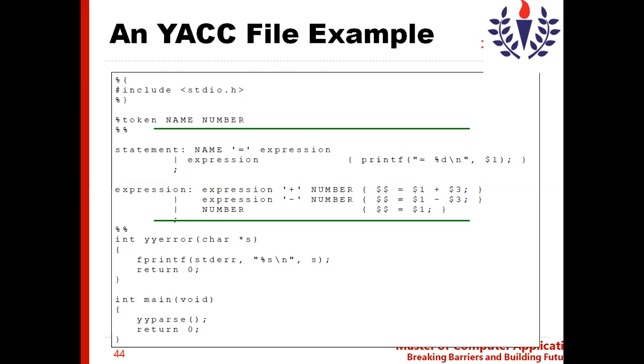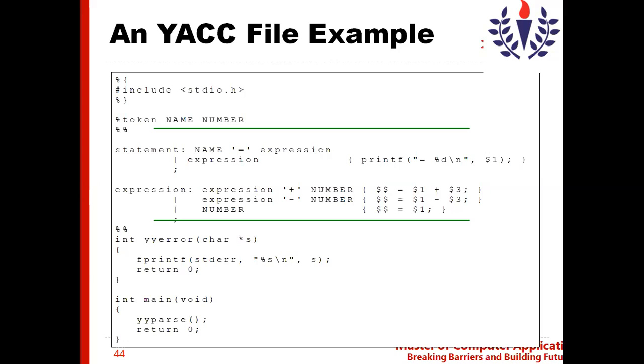So what do we mean by right hand side and left hand side? The part before the colon in the grammar, ending with a semicolon. This is the structure we need to follow, the notation we need to follow when you write a grammar. You have the LHS and you have the RHS.